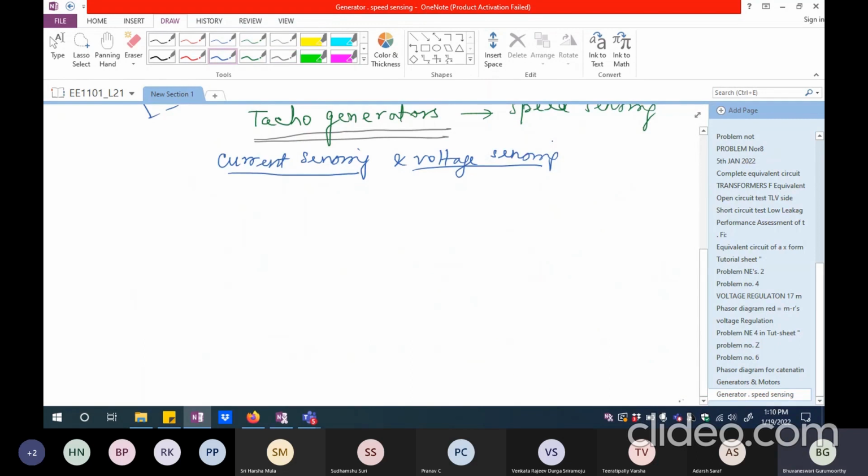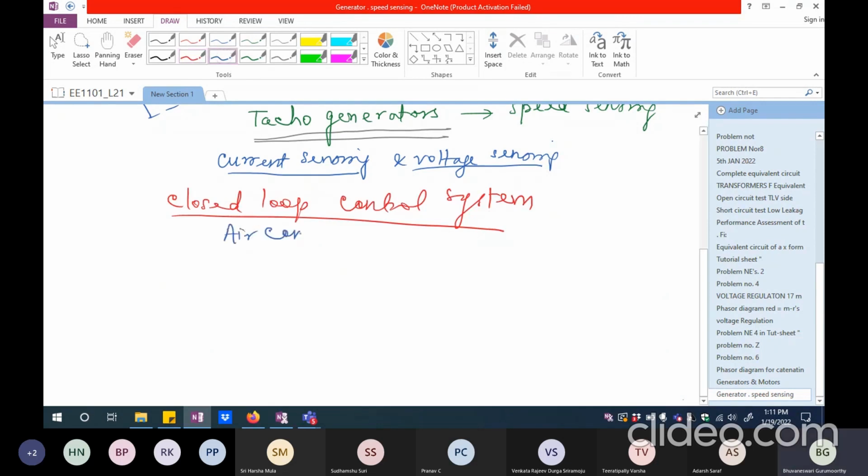You are going to measure something, you know how to read it, and you are going to record it somewhere. Whereas if I am sensing it, in all probability I'll be sending it to another mechanism which is actually regulating it. For example, I'm sure all of you know that in an air conditioner you set a temperature and you want the room to be cooled to that temperature. That kind of system is called a closed loop control system. So in a closed loop control system, let me talk about an air conditioning system.